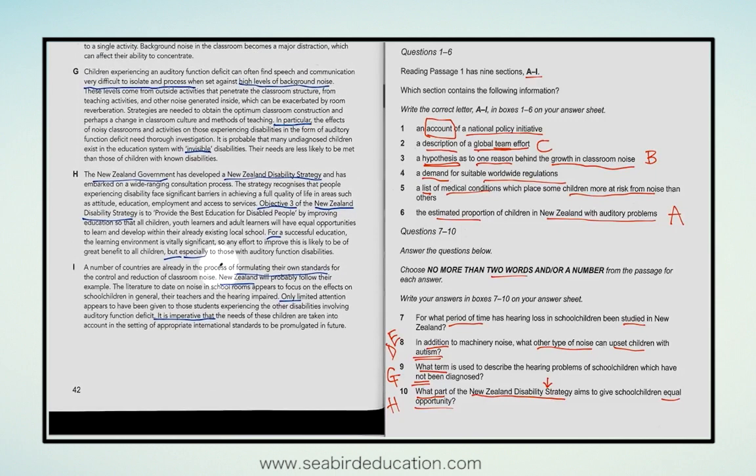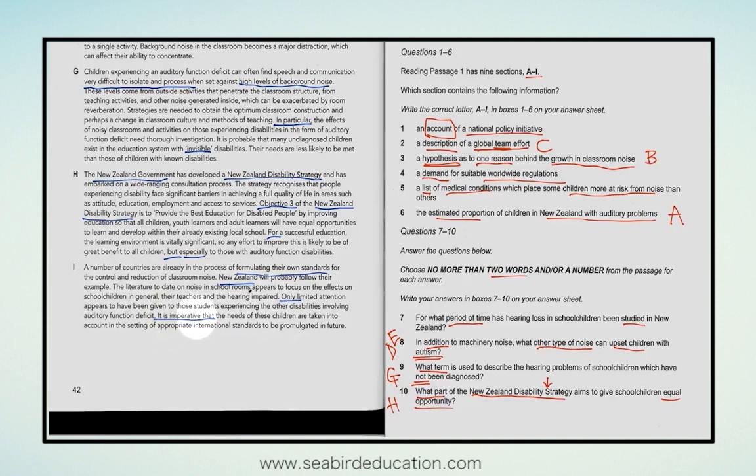Worldwide regulations. Only limited attention appears to be given to those students experiencing other disabilities. Taken into account in this. Appropriate international standards for... I don't even know what that word means, to be quite honest. But I have a general idea. So it looks like a demand.